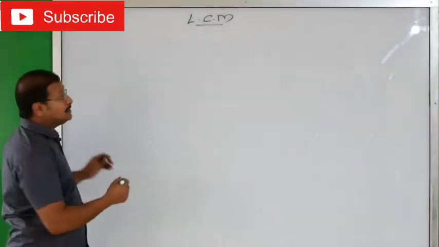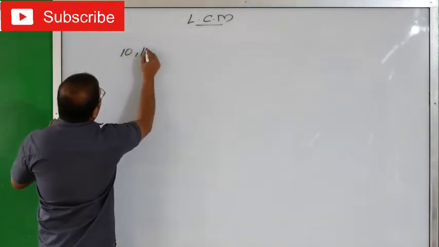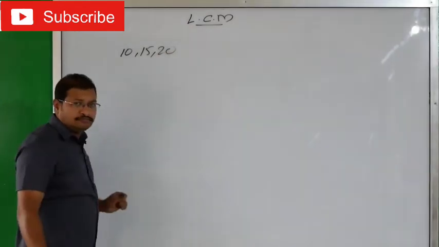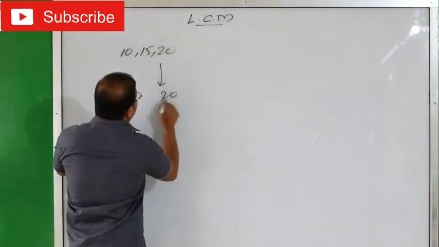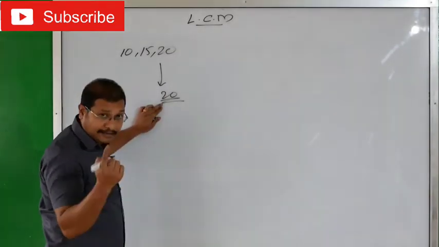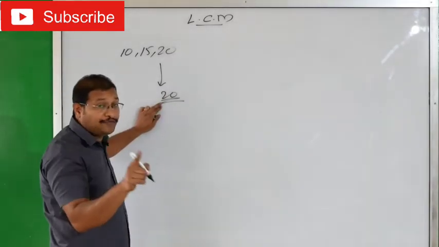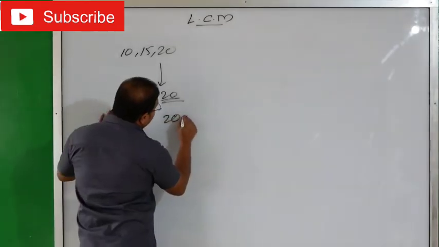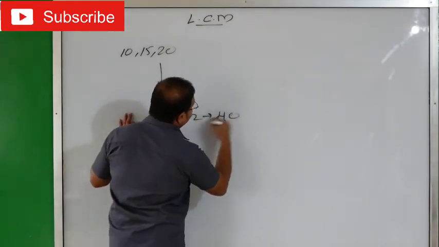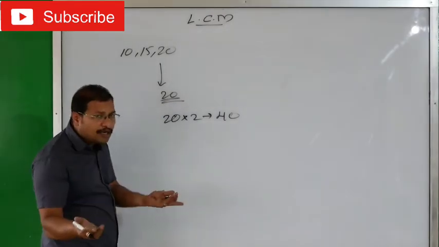Let us see the next numbers. 10, 15 and 20. The biggest number we will take, that means 20. 20 when you take, of course we can divide by 10. You can't divide by 15. That means what will you do? We will try 20 into 2, which is 40. 40 by 10 clearly we can divide.